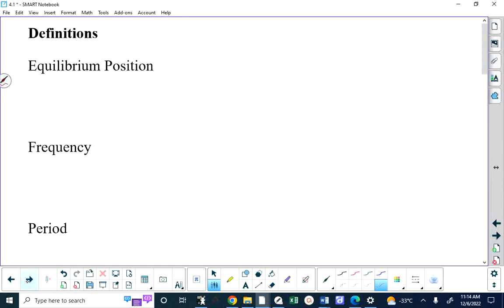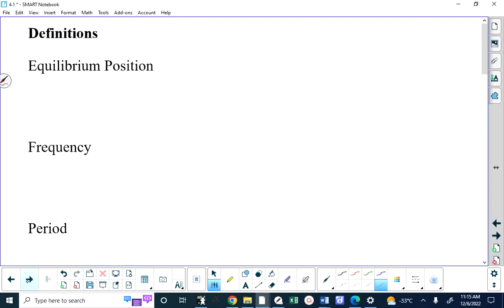We have to go through some definitions. Equilibrium position. The equilibrium position of any oscillator, any wave, is the state of affairs when there's no energy in it. So if I say, where is the equilibrium position of this mass on this spring? It's right there.